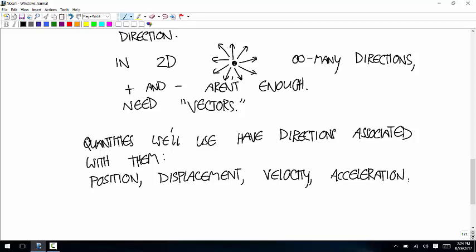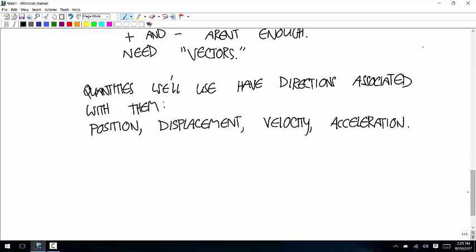We don't tend to use these directional quantities in everyday speech. We tend to use similar things that don't have direction associated with them. So I want to first make just a little table that shows all these directional quantities that we're going to be using and the corresponding everyday non-directional quantities that you're used to.